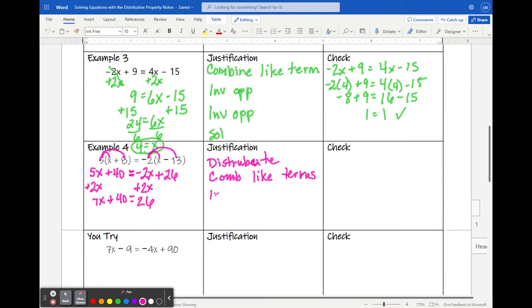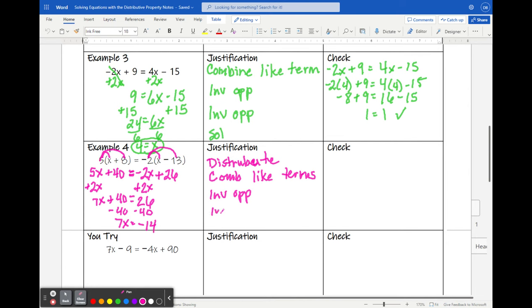We'll use those inverse operations to get the constants all on the opposite side, or isolate the variable, whichever you want to say it. I see adding, I'm going to subtract 40 from both sides. I end up with 7x on the left, 26 minus 40. So if I take 26 from 40, I'm left with 14. So the negative 14 would be on the right.